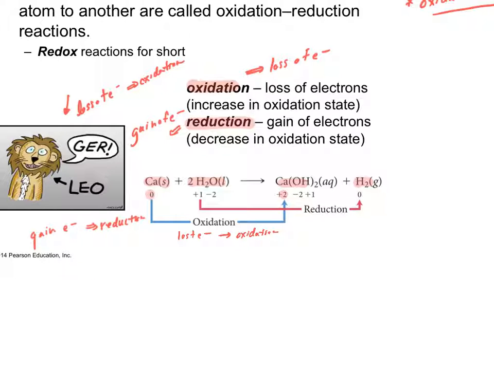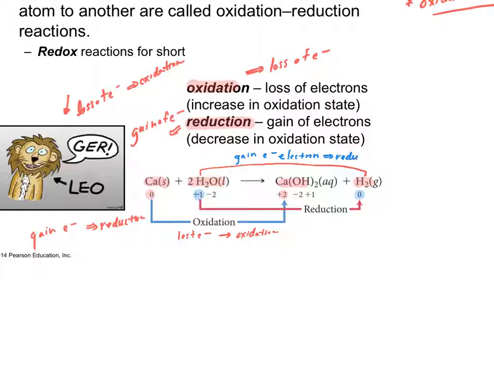So calcium was oxidized here, whereas hydrogen goes from a +1 as a reactant, in the form of water, to a 0 as a product. The only way to go from a +1 to a 0 is to gain an electron, which is a negative charge. So gain of electrons is reduction.